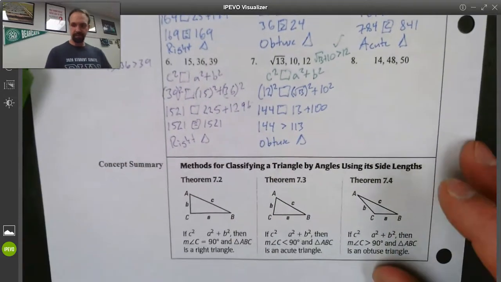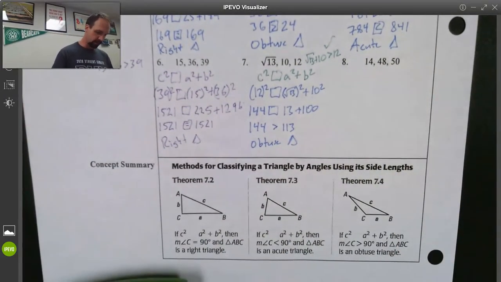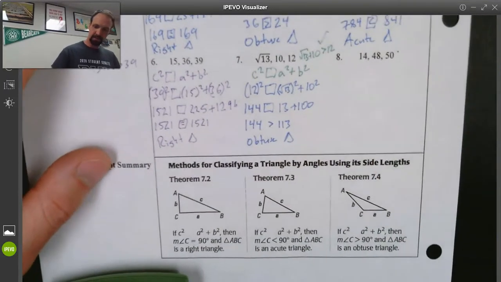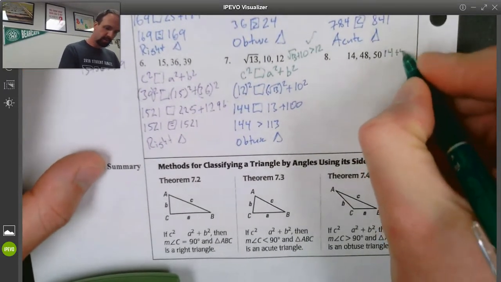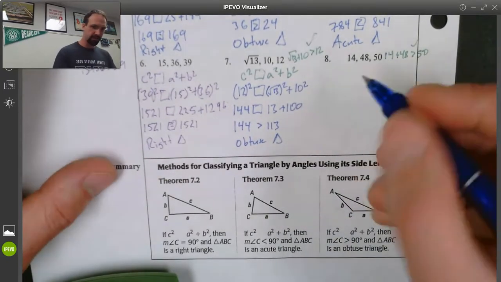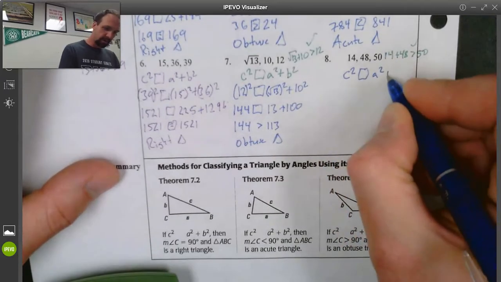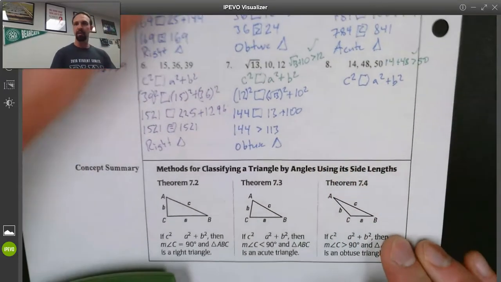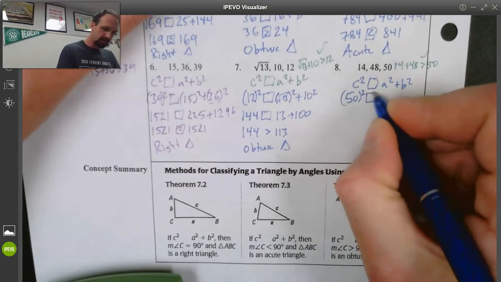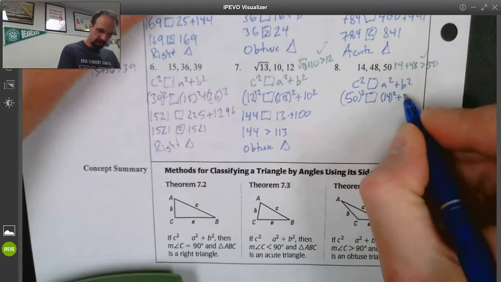Then here for number 8, 14 plus 48 is greater than 50. So this does work, so now I can check. So I'm going to have c squared and a squared plus b squared. So my longest side is 50, so 50 squared, some relationship with 14 squared and then 48 squared.